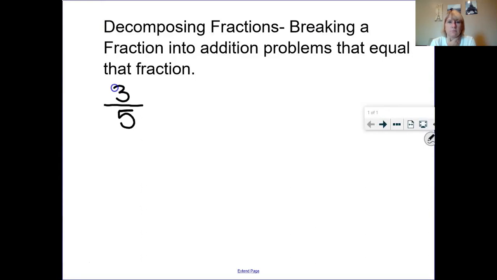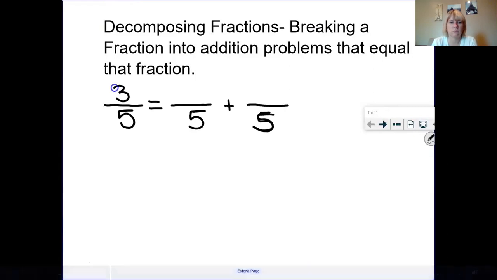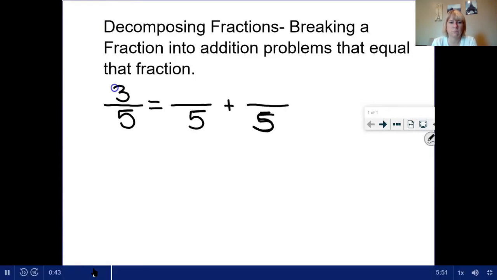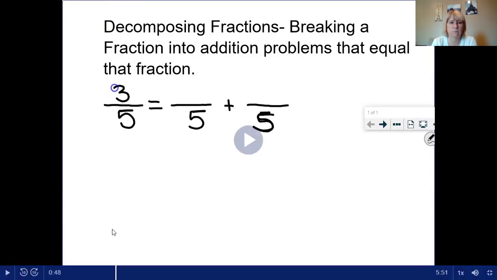The first thing we need to know is that no matter what we do when we add fractions, we need to keep the denominator the same. The denominator will always stay the same. So now I want to make an addition problem with two numerators that equal 3. Remember, which one is the numerator?